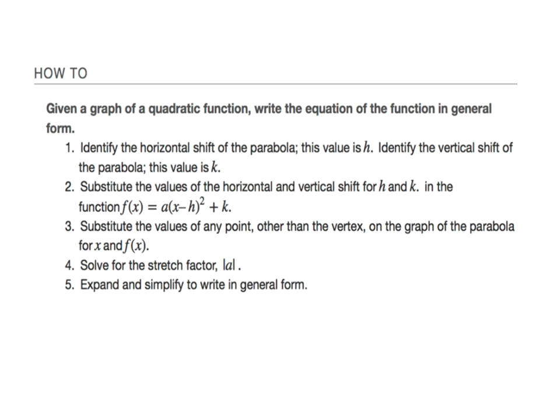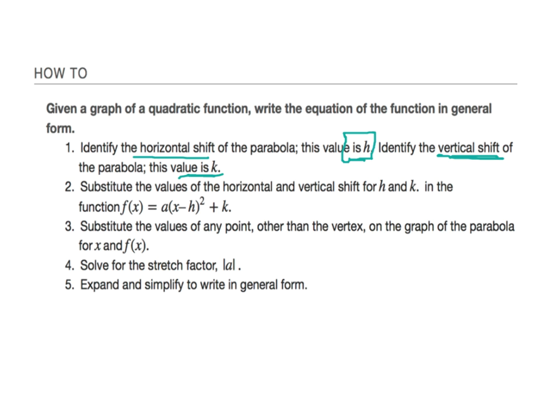Okay, so how to write the equation of the function if you're given the graph. So the first thing you want to do is identify the horizontal shift, which is going to be your h value. That's going to end up being the x-coordinate of the vertex, and your vertical shift.